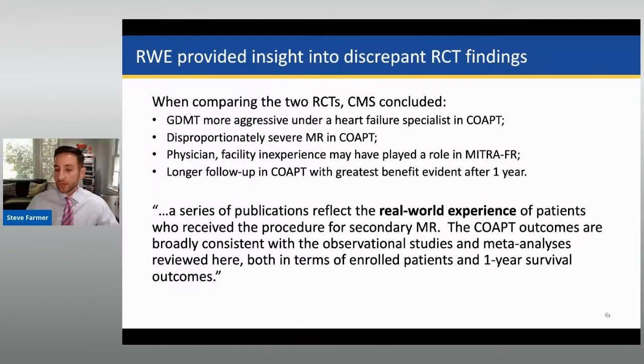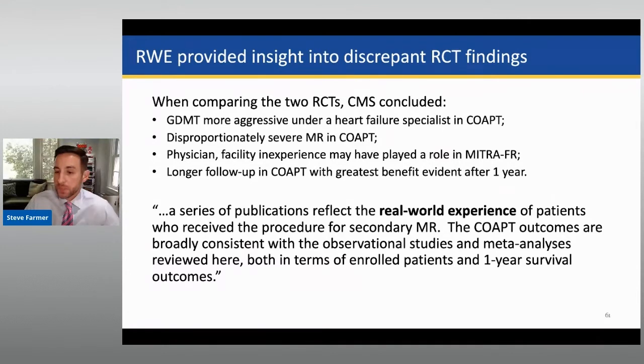When comparing the two trials, CMS concluded that medical therapy was more aggressive and MR was worse in the COAPT study relative to MITRA-FR. Physicians and facilities were able to participate in MITRA-FR after experience with only 5 procedures, which led us to believe that MITRA-FR may have been a challenge because of insufficient experience.